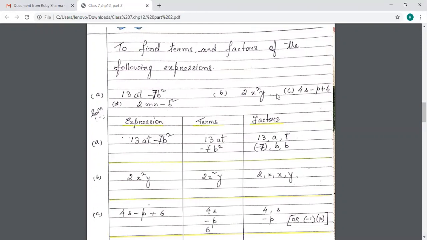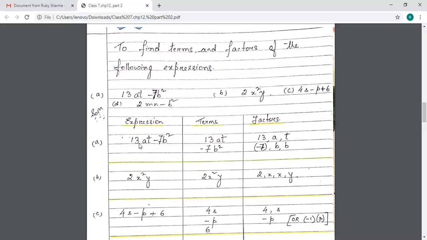Now, 2x square y is also an expression, as in the first class we have already studied, using the fundamental operations, it can be a multiplication sign. Here all are multiplied. 2, x, x and y are multiplied to form this expression. Here there are two terms which are added. Now why did I say added here? Since I'm taking minus 7b square as one term, if I add here and put this minus 7b square within brackets, I'll get the same thing, 13a minus 7b square.